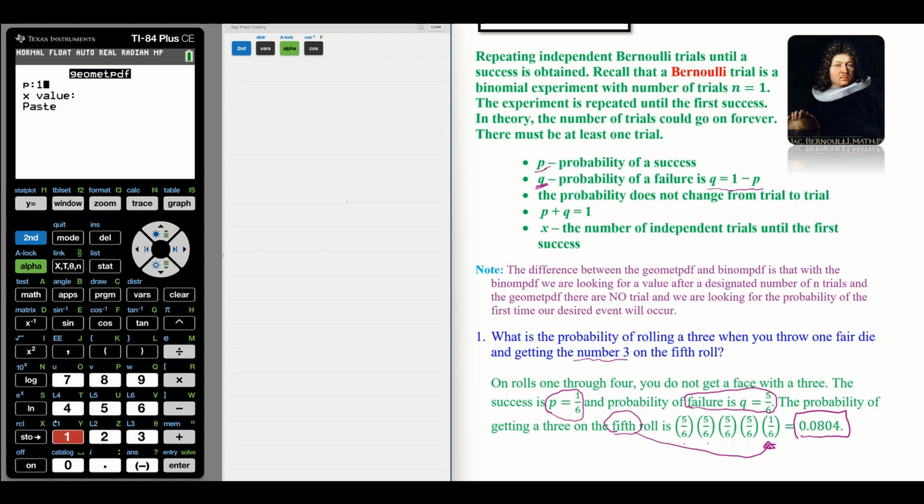Then our desired probability, our success probability, is 1/6, enter, and we're looking for exactly on the 5th time, but that'll be the first time we see a success. And yes, with some rounding, that's a precise answer.